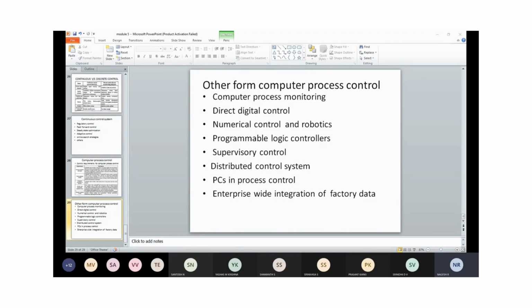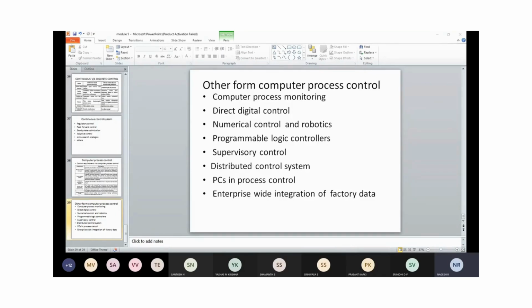The other one is enterprise level integration of the factory data. Here users like PCs, flat management structures, and administrative tasks will be done by the operator, in order to have an extension over networking technologies, the main thing being to achieve greater productivity at the factory level, with respect to the data which has been collected and observed from the previous things.